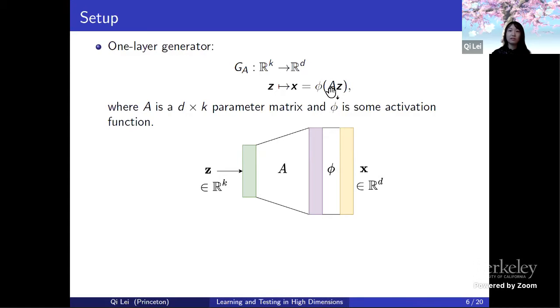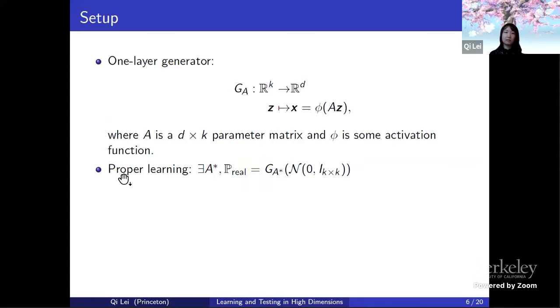The nonlinearity can be arbitrary, like tanh, sigmoid, ReLU, leaky ReLU, etc. And we study the proper learning setting, meaning that for the real distribution, there exists a corresponding A star such that it matches the target distribution.